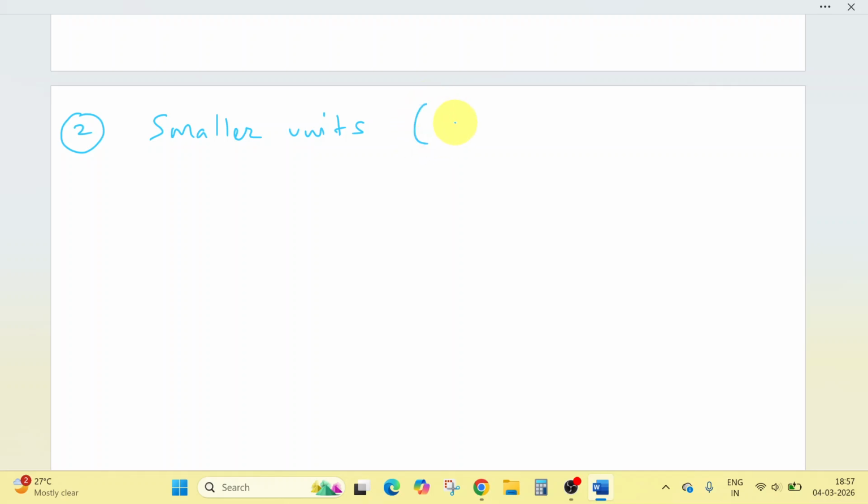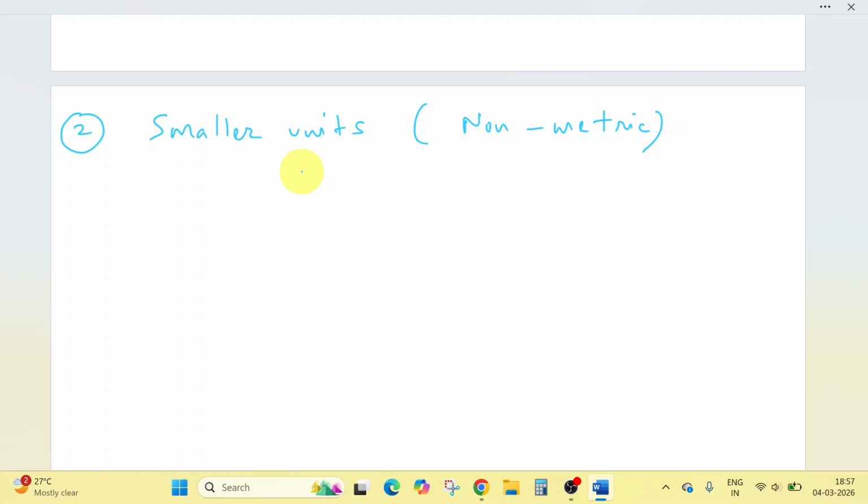I am writing non-metric. It has a relation with the metric system, but why non-metric? Because when I say kilometer or hectometer, the word meter is attached. When I say micrometer, micron, meaning micrometer, or millimeter, I am saying meter also, so meter exists in the name.